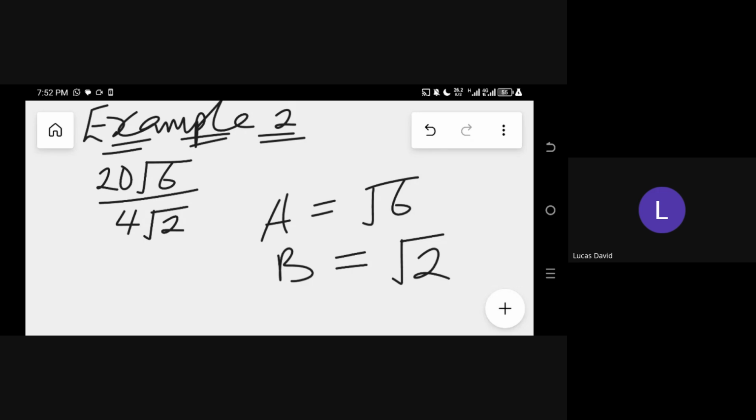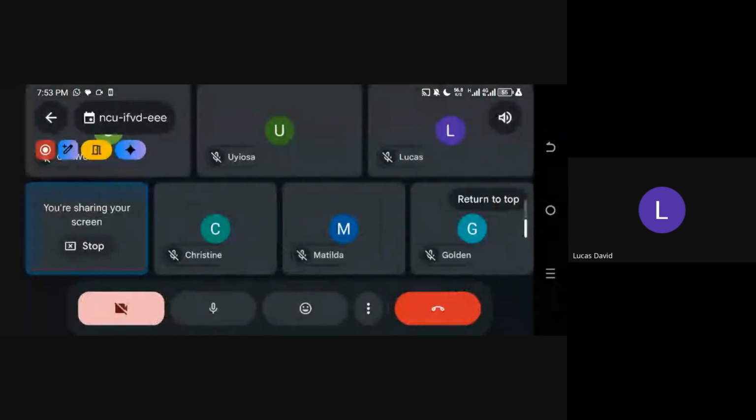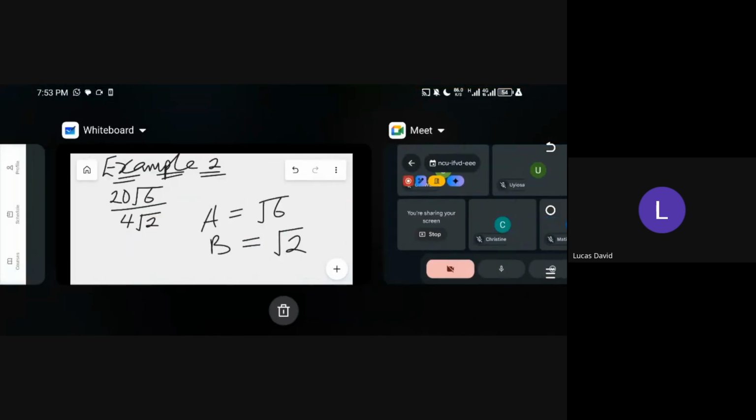Matilda said root 6 as well. So Matilda, why should we use root 6 to rationalize? Oh, none of them are responsive. Lucas, can you please explain why it is wrong for us to use root 6?